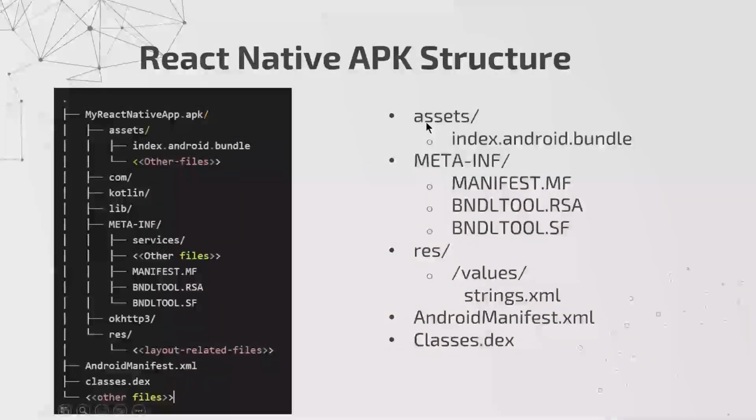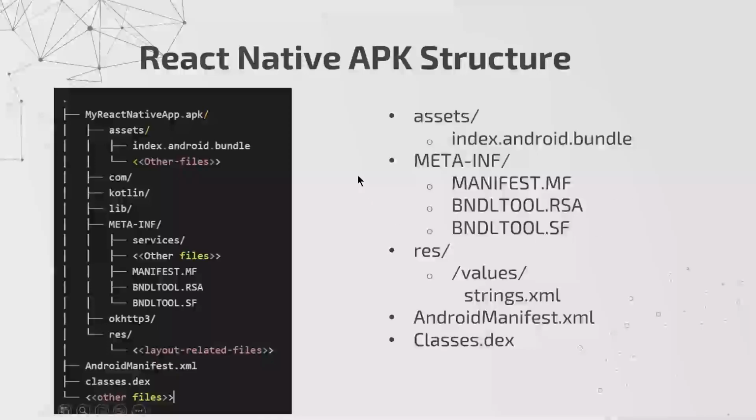As you can see, there is an asset folder and all other similar folders as in Java applications. But the interesting thing is here, under the asset folder, there is an index.android.bundle file, and other resource files will be there, like SSL certificates or any image file or any other supporting components.